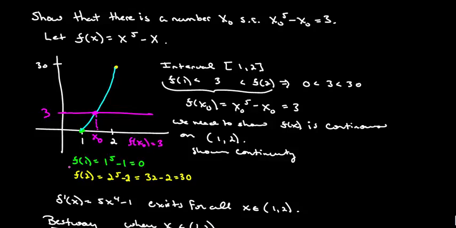And so now we don't know where it is. This is an existence theorem. We show that something exists. We didn't claim to know where it was. We just showed that it is possible. It is out there.